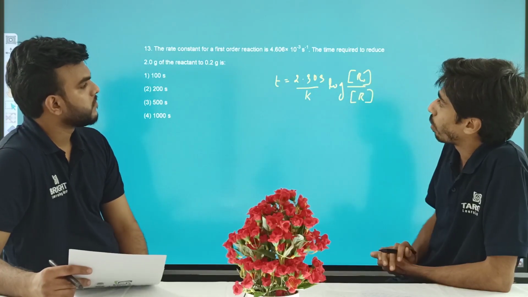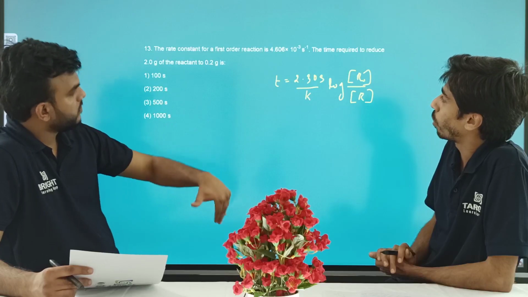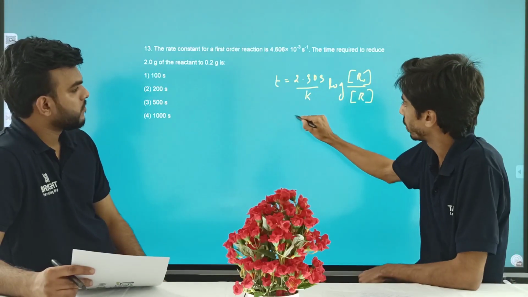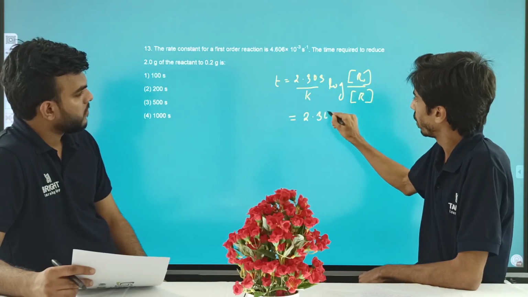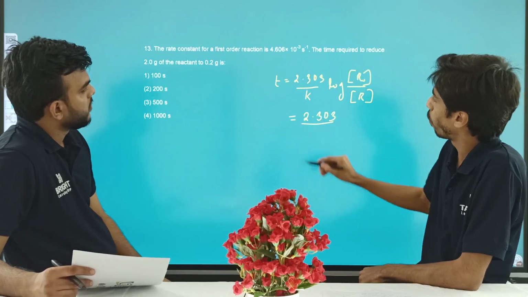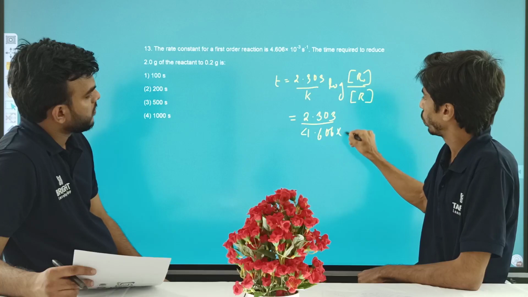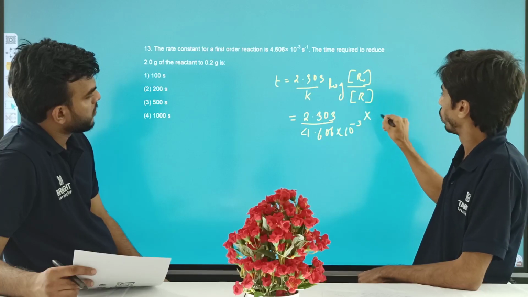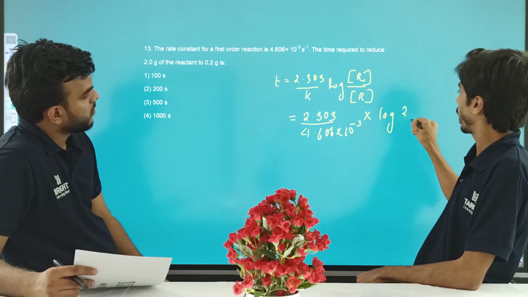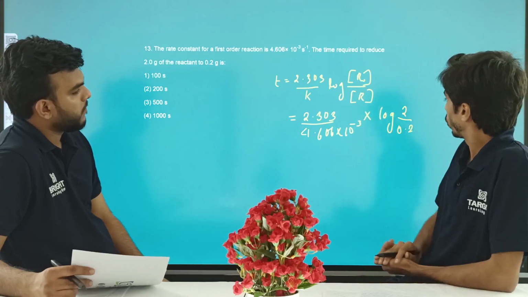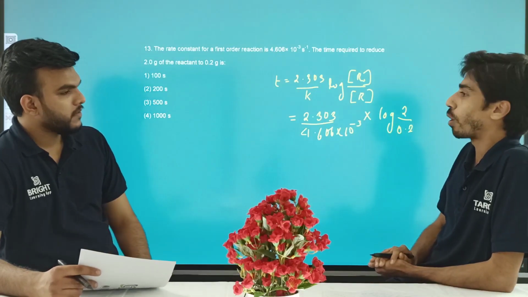The initial concentration is 2 gram and the final concentration is 0.2. So we'll go like 2.303 divided by 4.606, the exact double of 2.303, into 10 power minus 3, into log 2 divided by 0.2. 2 by 0.2 will be 10, and log 10 is equal to 1.